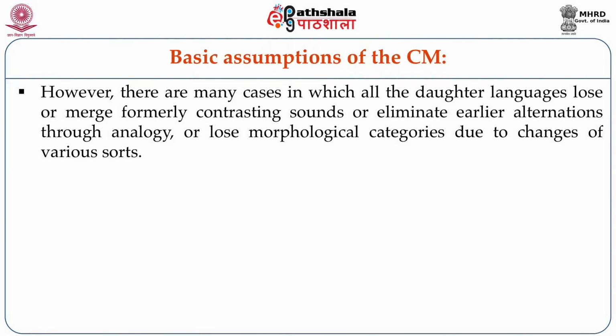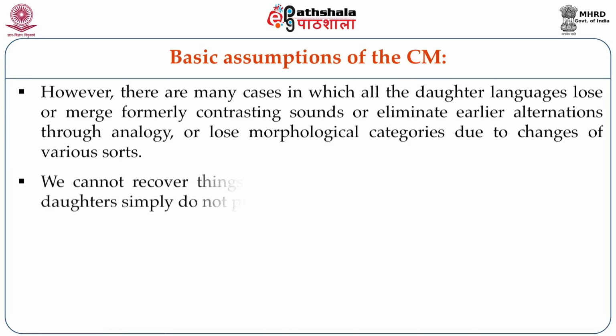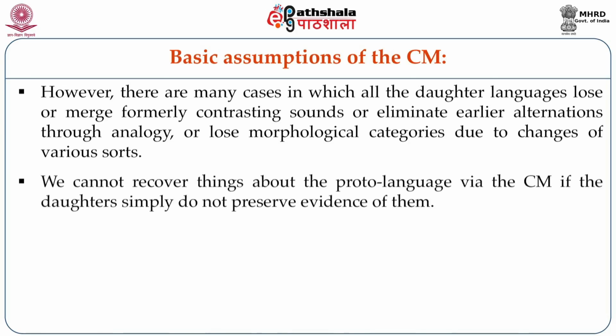However, there are many cases in which all the daughter languages lose or merge formerly contrasting sounds, or eliminate earlier alternations through analogy, or lose morphological categories due to changes of various types. So we cannot recover things about the proto-language via the comparative method if the daughters simply do not preserve evidence of them.